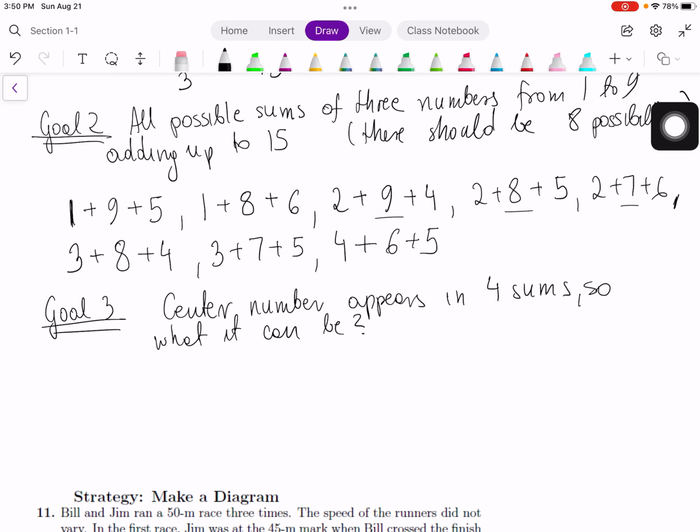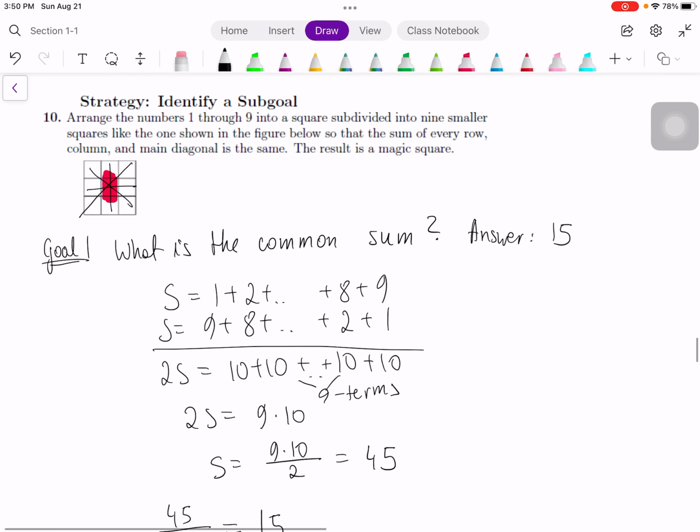So 4 times, and that's the only number that appears in 4 sums. Okay, so that means that in the center, the only number I can put in is 5.